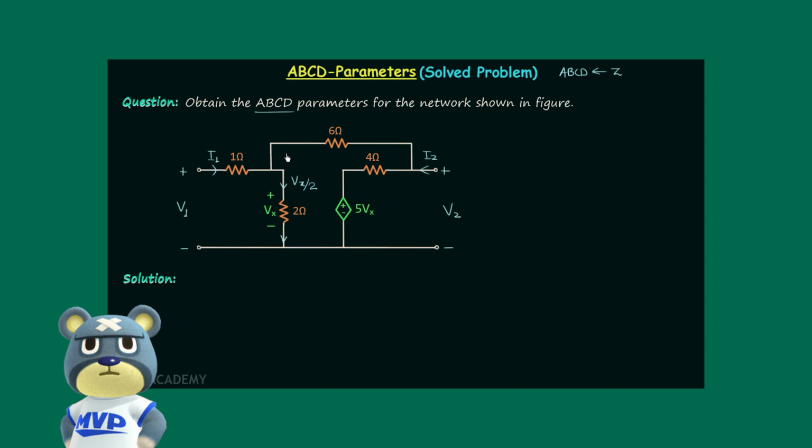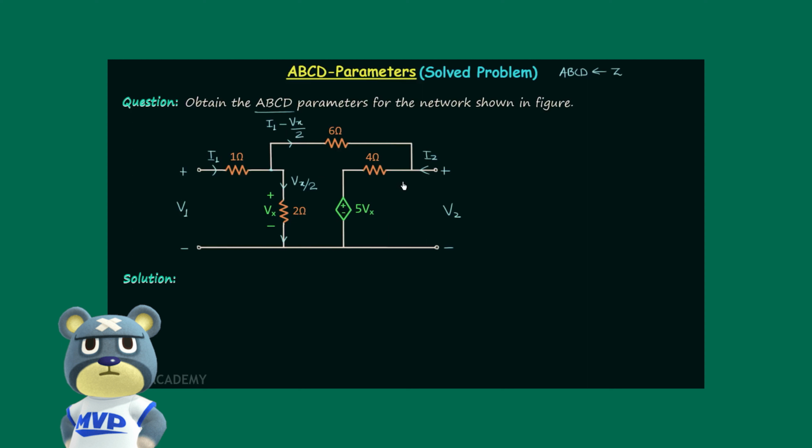Now to find out current in this branch, we will apply KCL at this node. Current I1 is entering the node and current Vx by 2 is leaving the node, and therefore this current leaving the node will be equal to I1 minus Vx by 2.